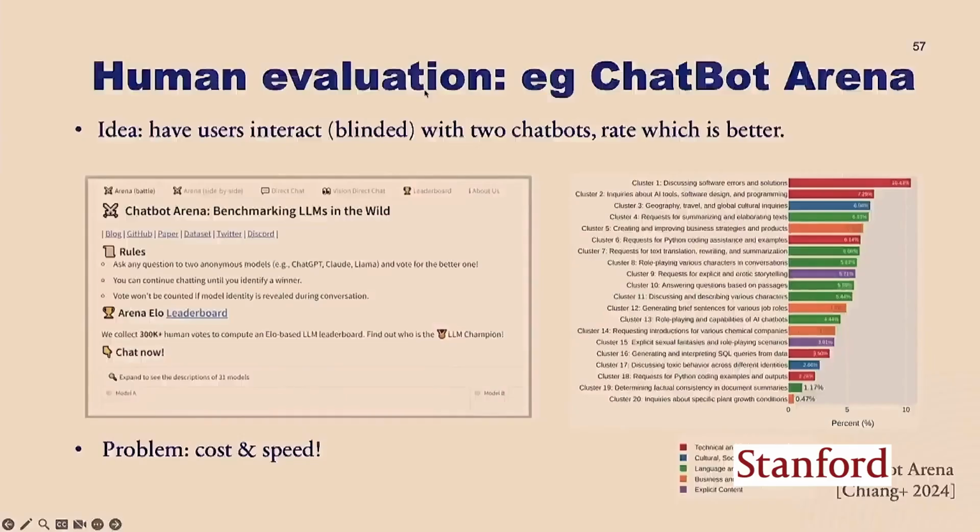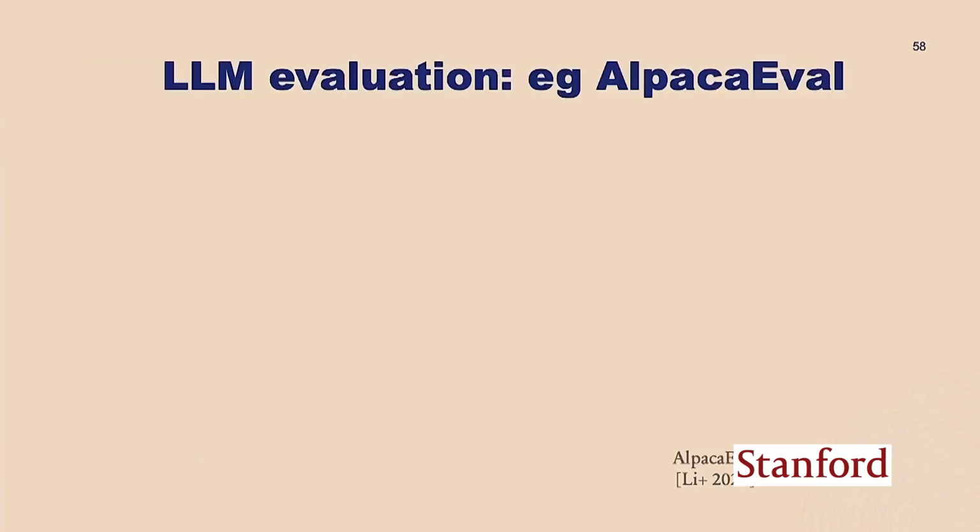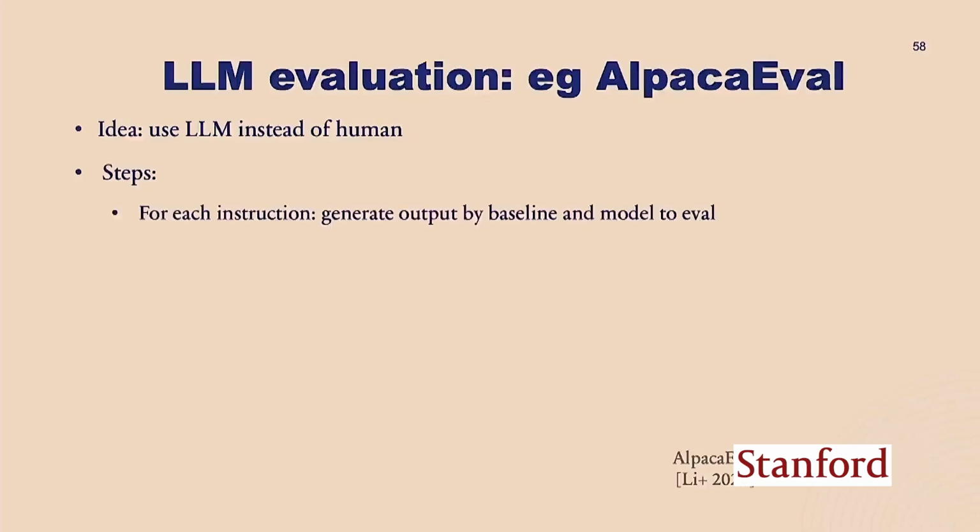Another issue is cost and speed. If you really want to use something like this for the development process, it will be too costly because you will need to pay a lot of humans to do that. So one simple idea is, again, as we said many times, just use LLMs instead of humans. You probably know the drill at this point. For every instruction, generate outputs by some baseline and the model that you want to evaluate.